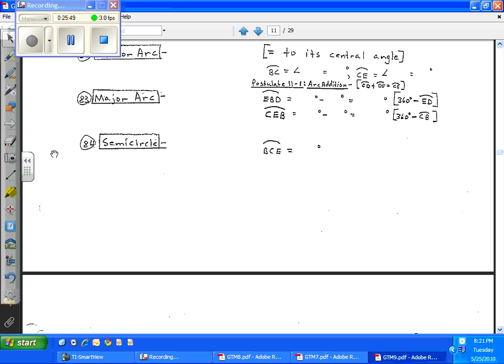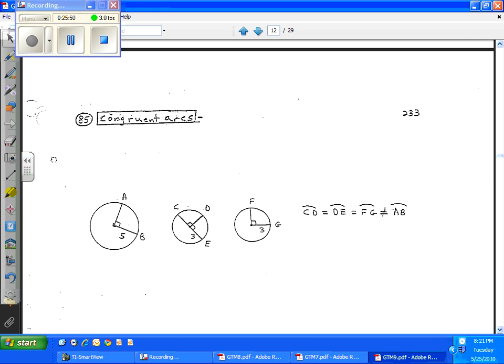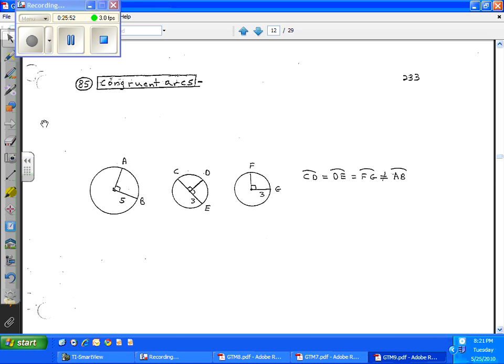Okay, congruent arcs. Congruent arcs are the same length if and only if they have equal measures and are in congruent circles or in the same circle.